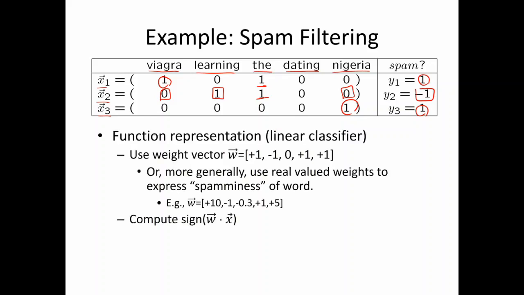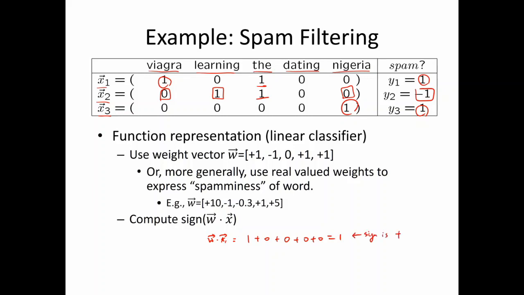The simplest way would be to define what's called a weight vector and take the dot product of that and our email vectors. For example, if we take the dot product between the weight vector and the first email vector, then we have 1 plus 0 plus 0 plus 0 plus 0, which is 1. And the sign is positive.